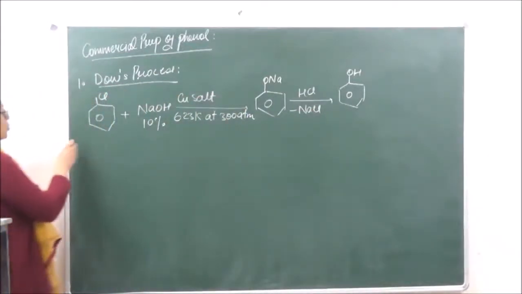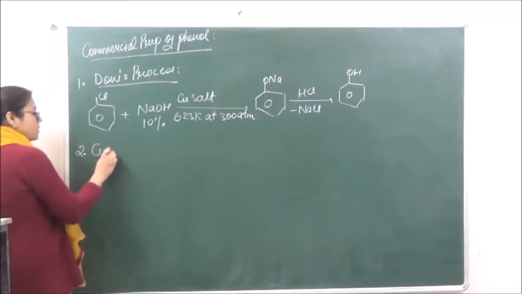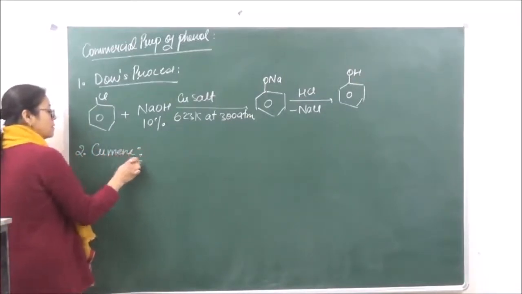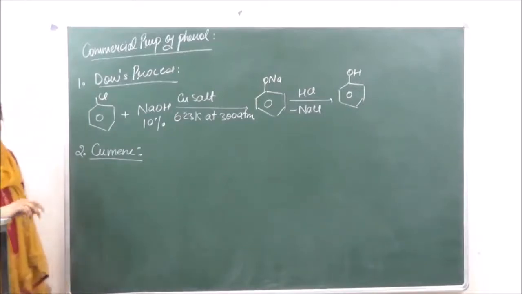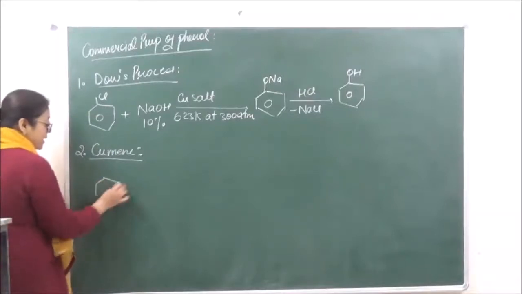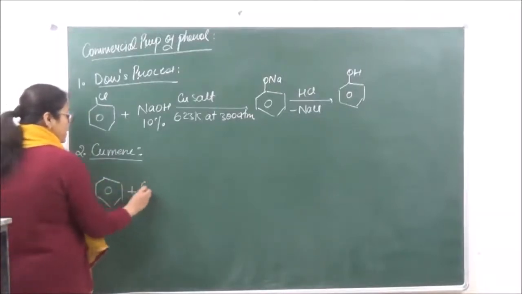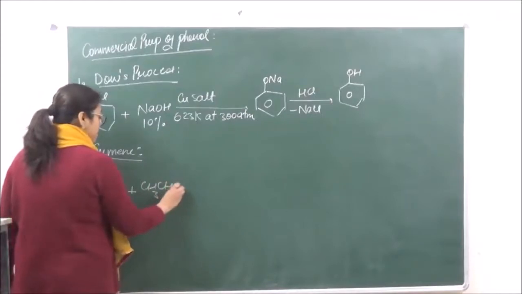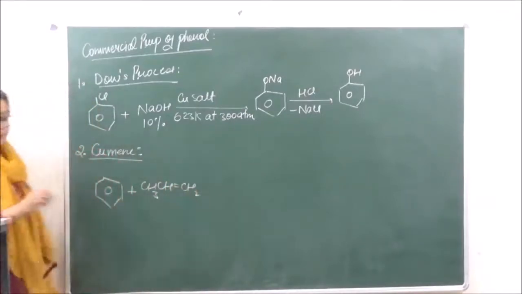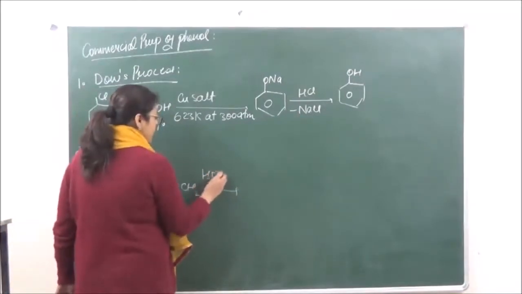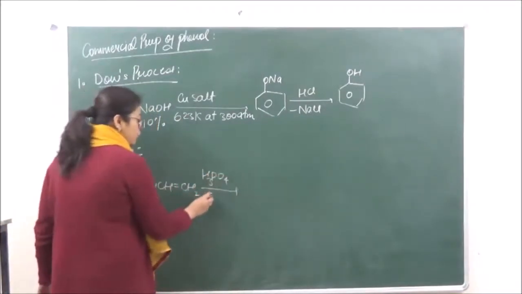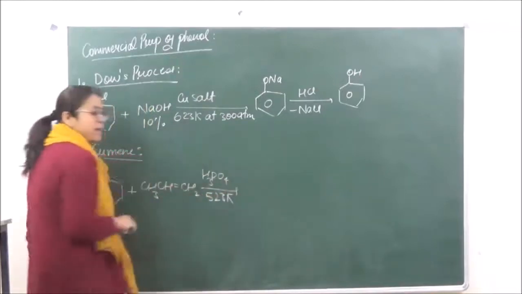The next, number 2, we are going to prepare it from cumene. Cumene is isopropyl benzene. So let's first see how we are going to prepare cumene. Cumene is prepared by reacting benzene with propene in presence of phosphoric acid at a temperature of 523 Kelvin.